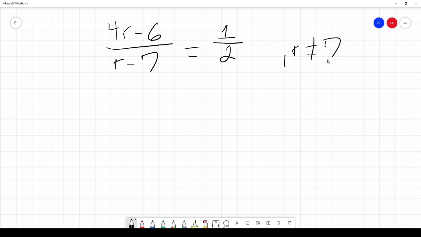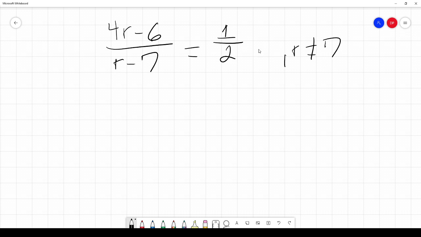Well, I know r can't be 7. So that would be what we call an extraneous solution. It's a solution that appears to be an actual solution using the algorithm that you use to solve the problem, but it is in fact an extra solution that isn't really a solution to your original equation. Okay, so keep that in mind.